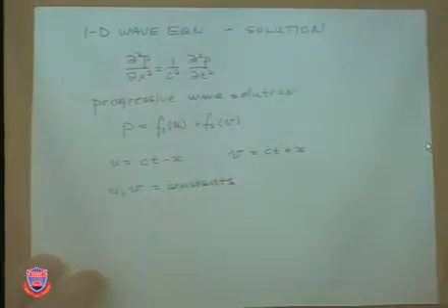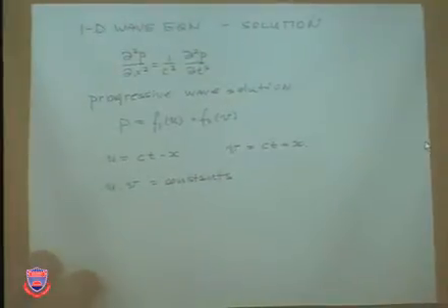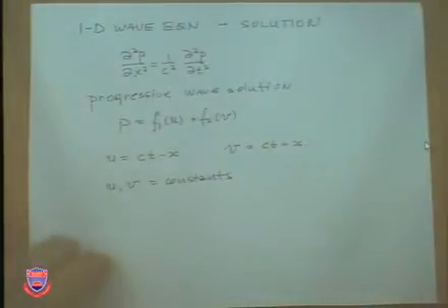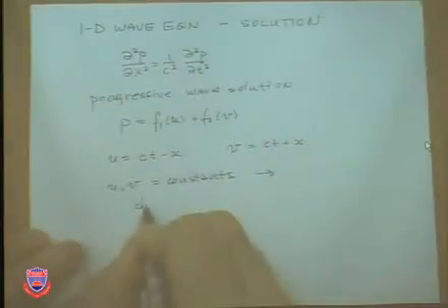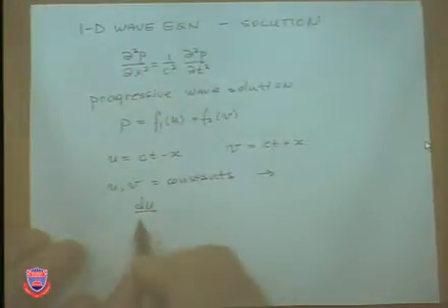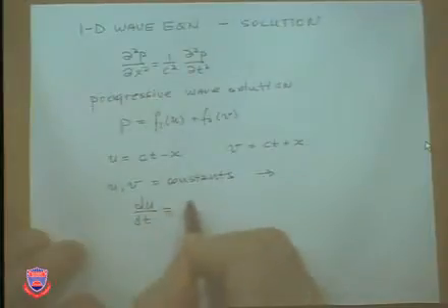and what that means is the shape doesn't change as it propagates. So if they're constants, then we say du/dt.